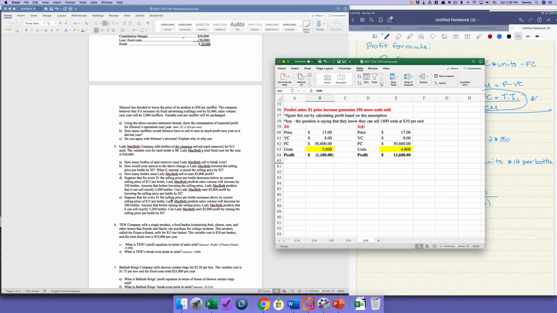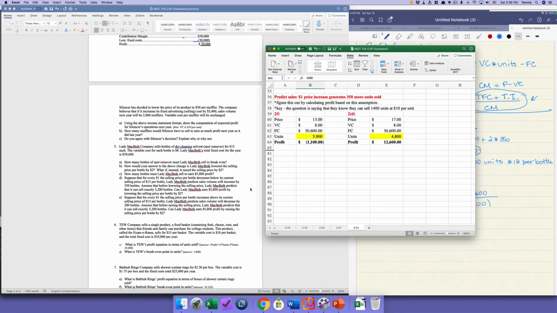So for every $1 we increase, we predict sales volume will decrease by 200 bottles. So we've got a price of 17. Our variable cost remains at 8. Our fixed cost remains at 30,600. And the units that we're going to sell now are going to be 5,200 minus 200 times 2, so 4,800.